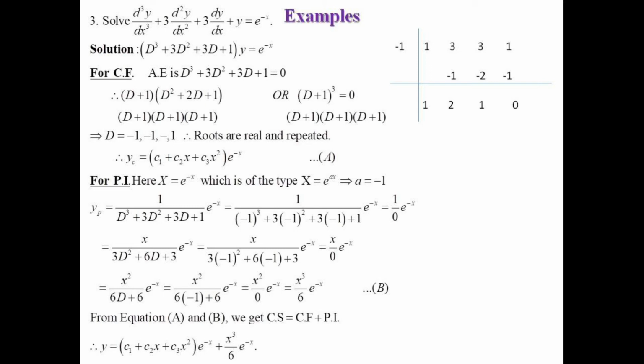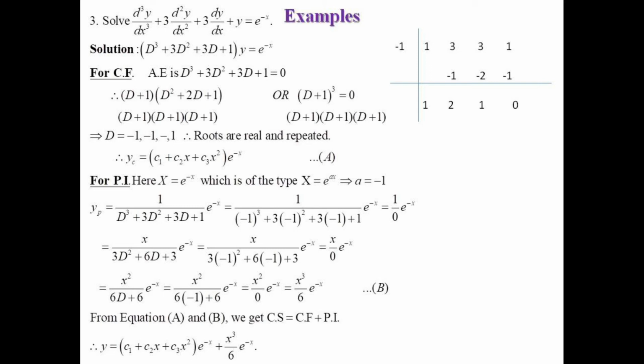Whenever we find the particular integral of any equation, first write down the right hand side term. So here the right hand side term is e raised to minus x, which is denoted by capital X. If we compare this with our standard type X is equal to e raised to ax, then we get the value of a as minus 1.